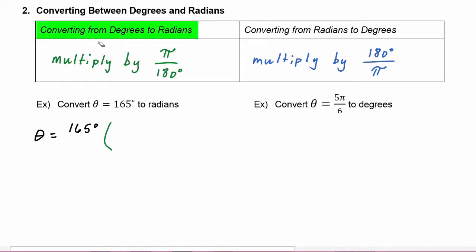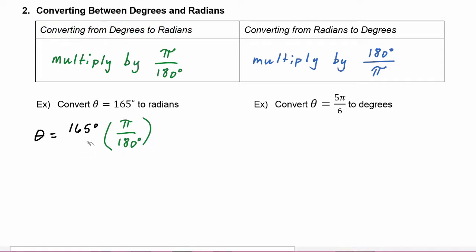Now we're converting from degrees to radians, so our conversion factor is going to be pi divided by 180 degrees. And it's pretty easy to see because we have degrees in the numerator. We want to get 180 degrees in the denominator so that those units will cancel out.